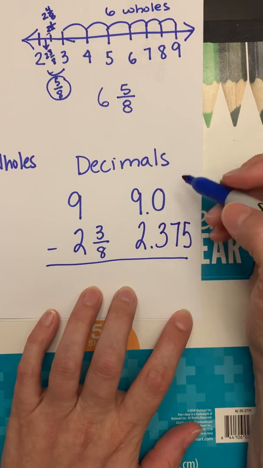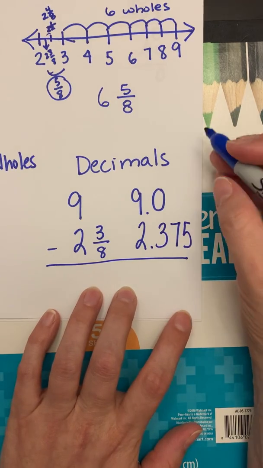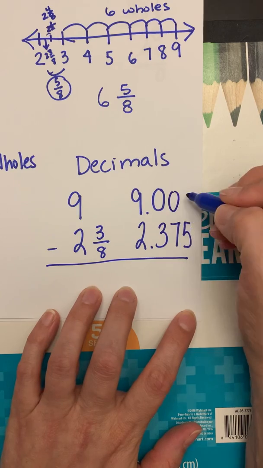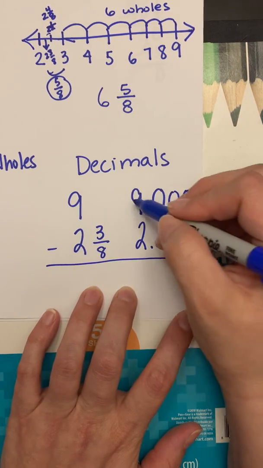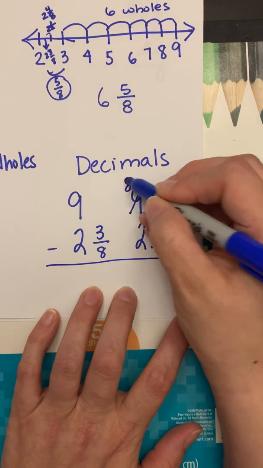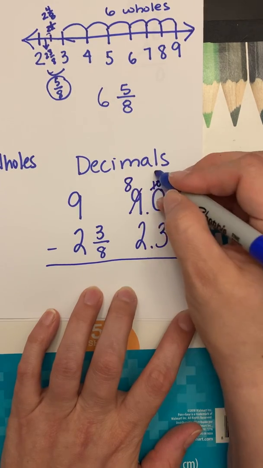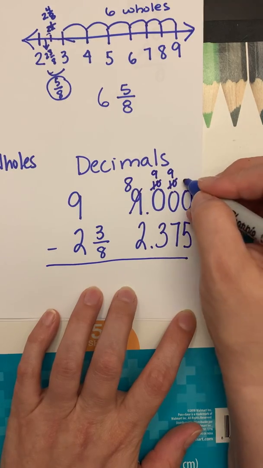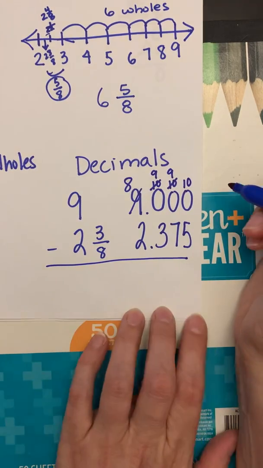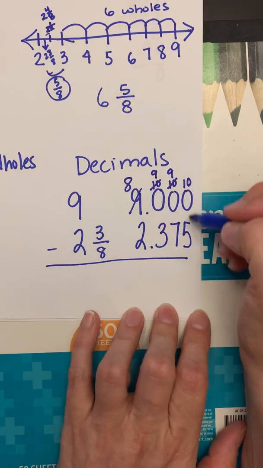Now, we're going to have to do some subtraction, but we can't do that until we put some placeholders here so we have something to subtract from. So now I can do my subtraction. I'm going to take a whole, make 10 tenths. I'm going to take a tenth, make 10 hundredths, take a hundredth, and make 10 thousandths. And now I'll be able to subtract.